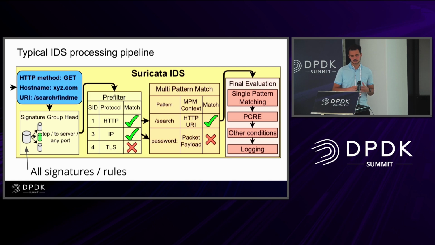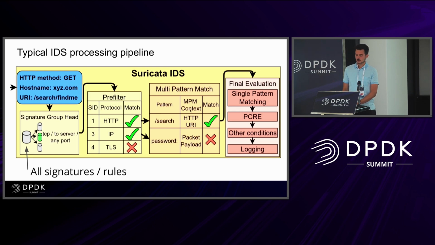You will only inspect the rules from which at least one pattern matched. Let's say you have multiple rules. One of the rules has the search as a pattern to find, and if you find it in the packet, as let's say here, it's good, and you can proceed with the overall evaluation.